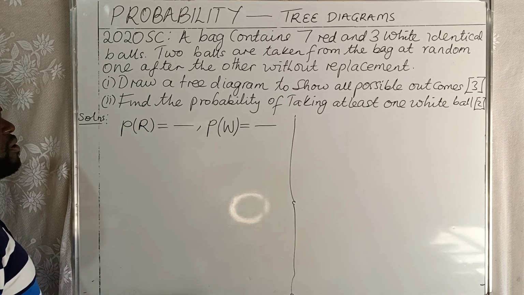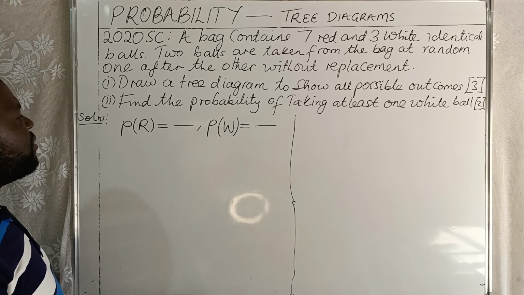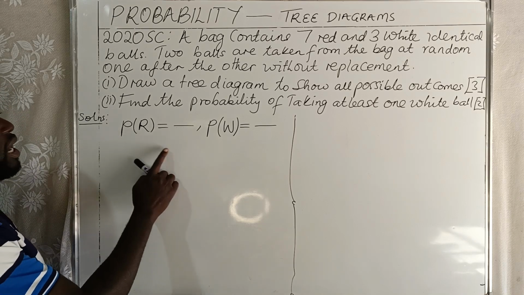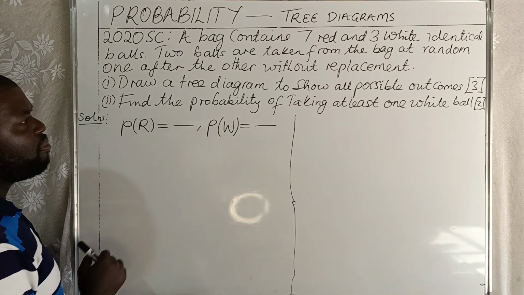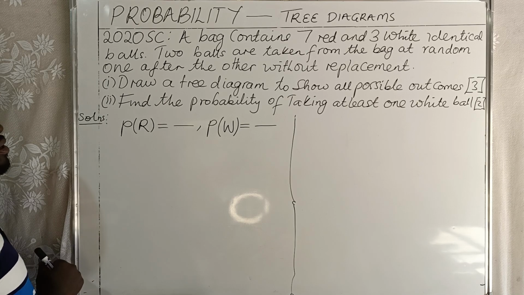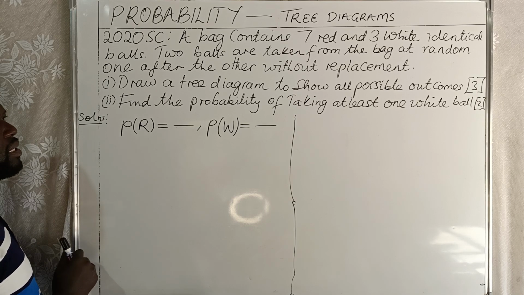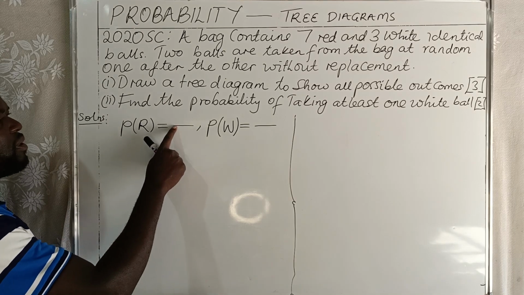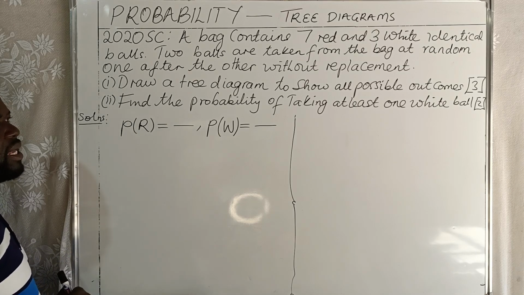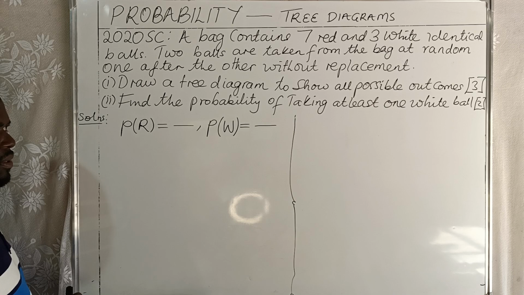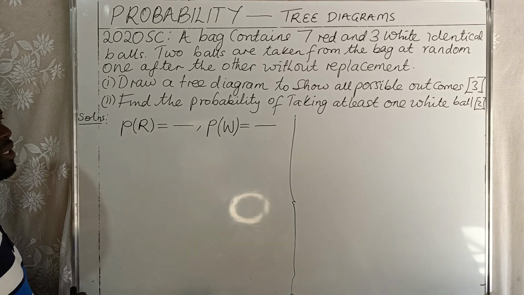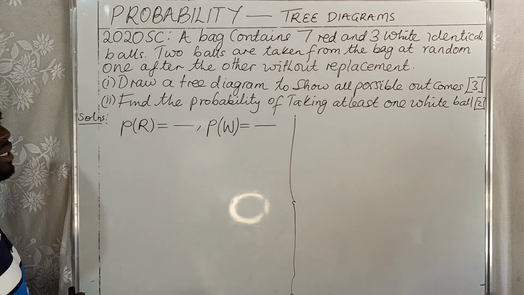So before we draw the tree diagram, we need to find the individual probabilities, that of taking a red ball and that of taking a white ball. We know probabilities are numbers between 0 and 1, so we are talking about basically proper fractions.